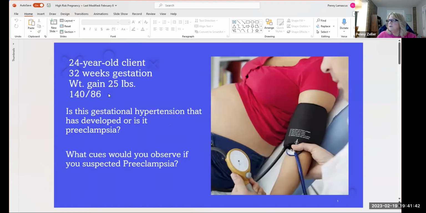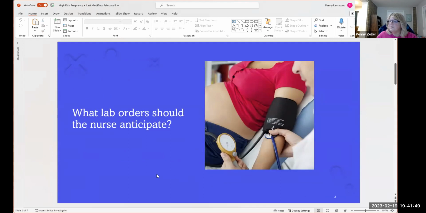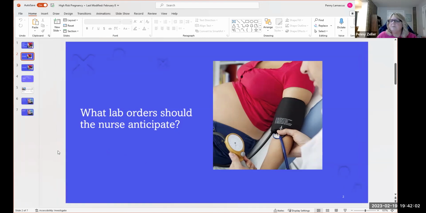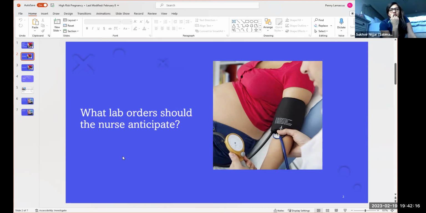Let's see, where are we? What labs would help you diagnose preeclampsia? What would your basic metabolic profile be telling you in particular? Elevated liver enzymes, and platelets.